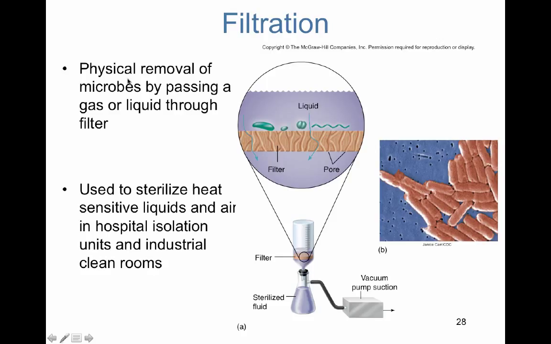So you're physically removing the microbes by passing, and this can be a liquid or gas in the case of a HEPA filter. And this can be used to sterilize both heat-sensitive liquids and also air in hospital isolation units and industrial clean rooms.